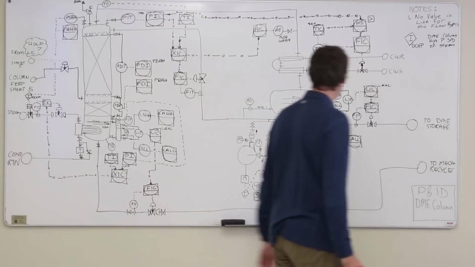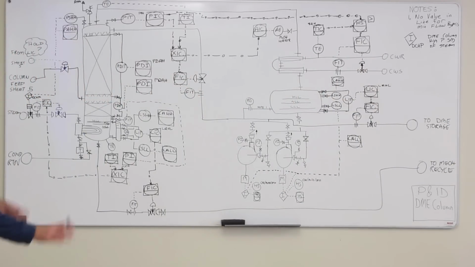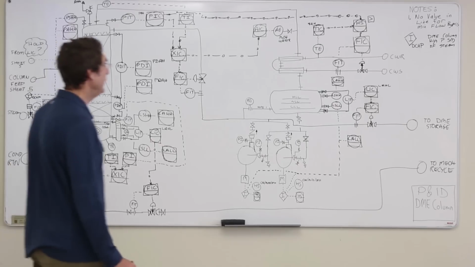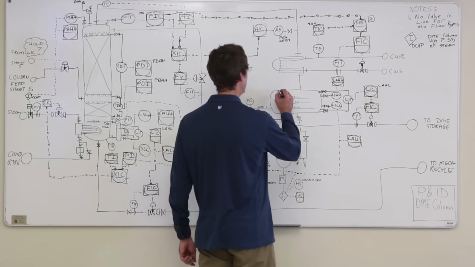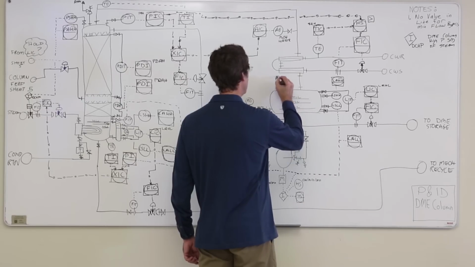Now what's left is to put some monitoring things in, just pressure gauges, temperature gauges, anything else that we might be interested in. So I'd be probably very interested in knowing what the reflux drum pressure is, so I'd probably put a pressure gauge on there.